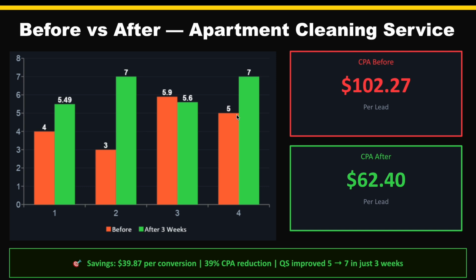Now look at the right side. Before the optimization, the cost per lead was $102.27. After, just $62.40. So remember this: savings of almost $40 per conversion, a 39% reduction in cost per acquisition, and quality score improved from 5 to 7 in just 3 weeks.